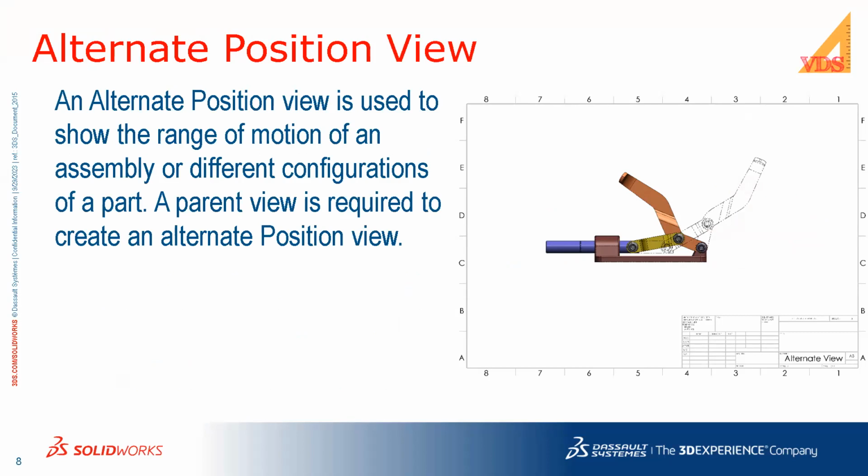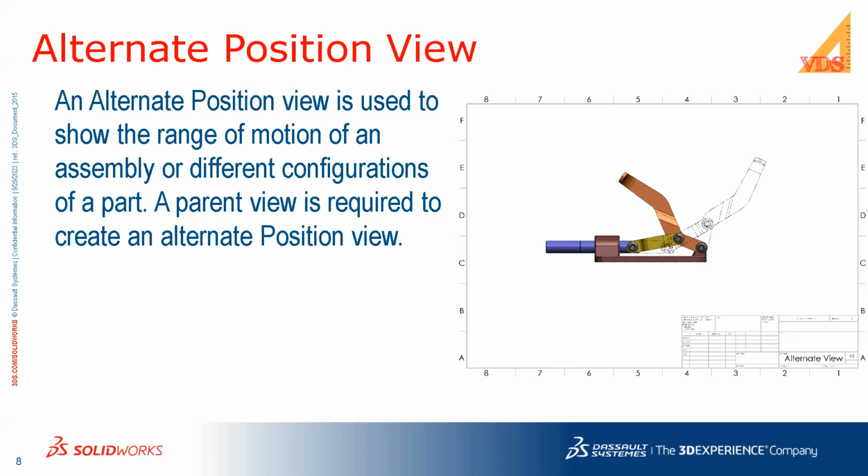So instead of creating different views to show motion or the available movement in a particular configuration, within the same view we can show another view overlapped on it. Using this you can show that this assembly can move from this range to that range. For example, from 0 to 90, a particular component or a set of components can move from position A to position B.